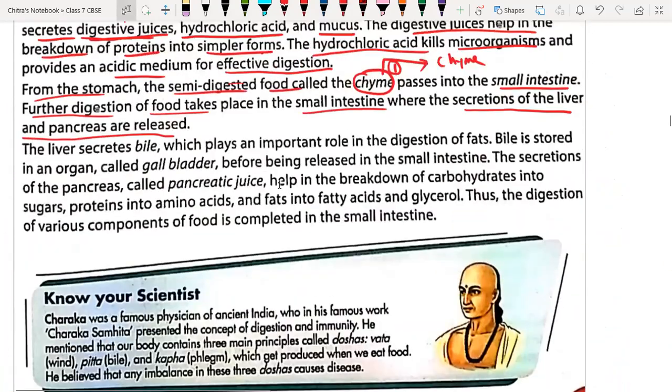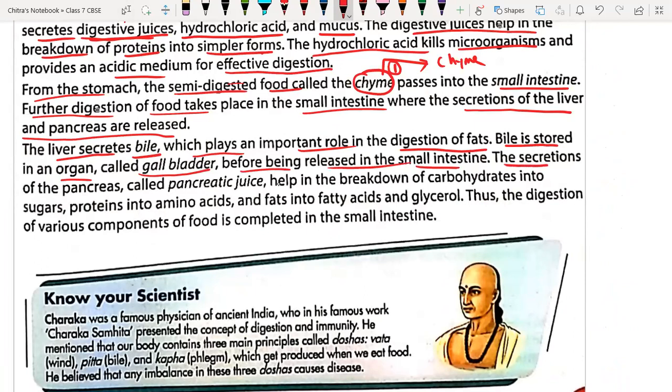Now we have to go through the theory part. The liver secretes bile juice, which plays an important role in digestion of fat because it contains an enzyme which is used to digest the fat. Then bile is stored in the organ called the gallbladder before being released into the small intestine.